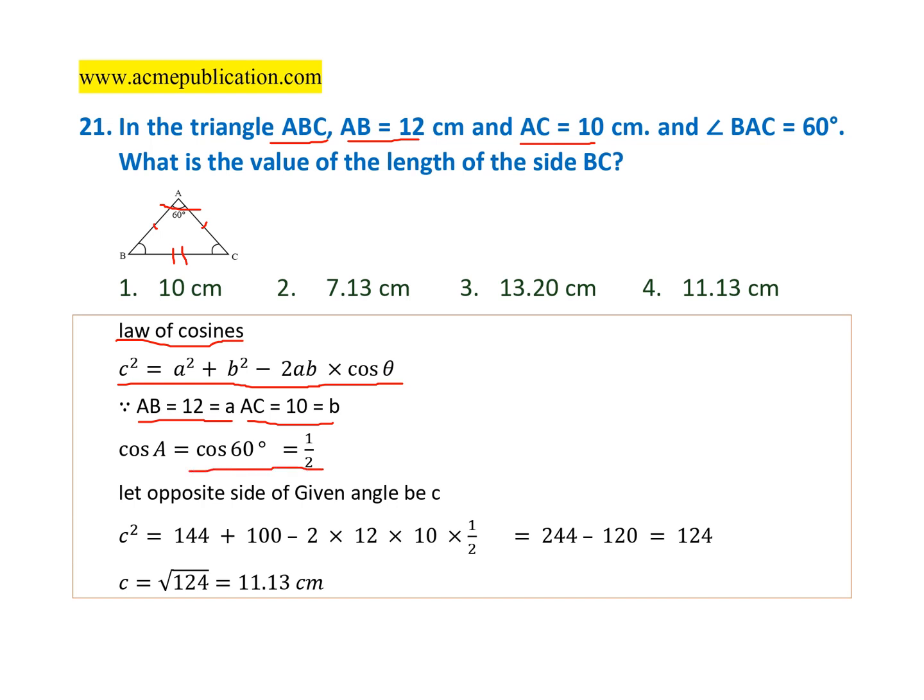The value of cos 60 is 1 upon 2. Now we can find the value of C. On putting the values in the formula, we get the answer, and that is 11.13 centimeter.